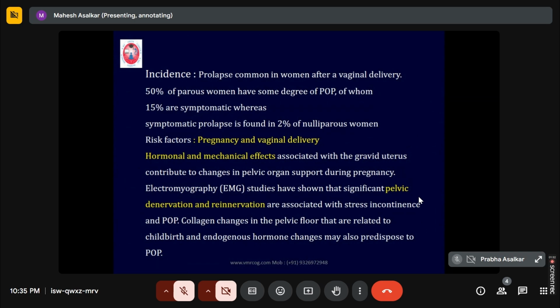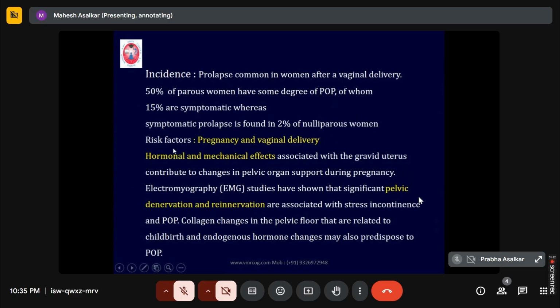So what is the incidence? Prolapse is common in women after vaginal delivery. 50% of parous women will have some degree of pelvic organ prolapse, of whom 15% will be symptomatic, while only 2% of nulliparous women will be symptomatic.